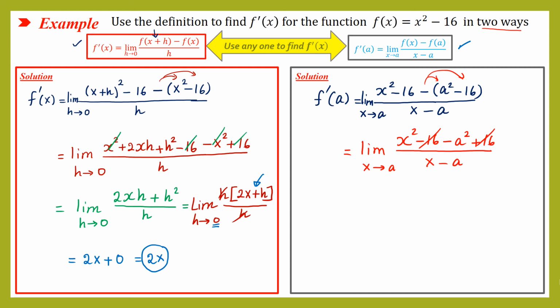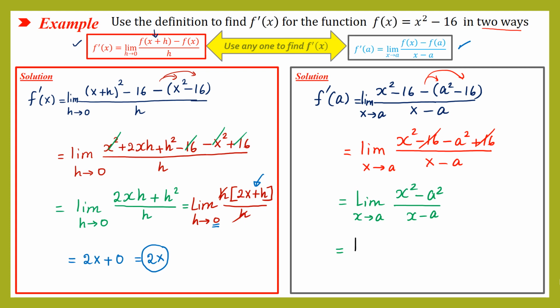Then you will get limit of x squared minus a squared divided by x minus a when x goes to a. Now for the numerator, we have a difference between two squares.